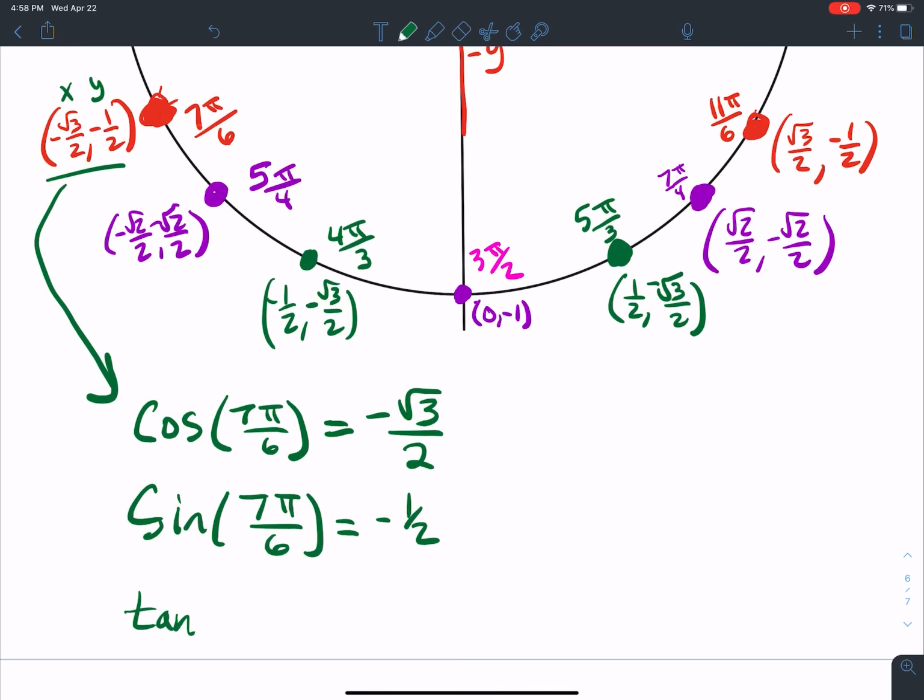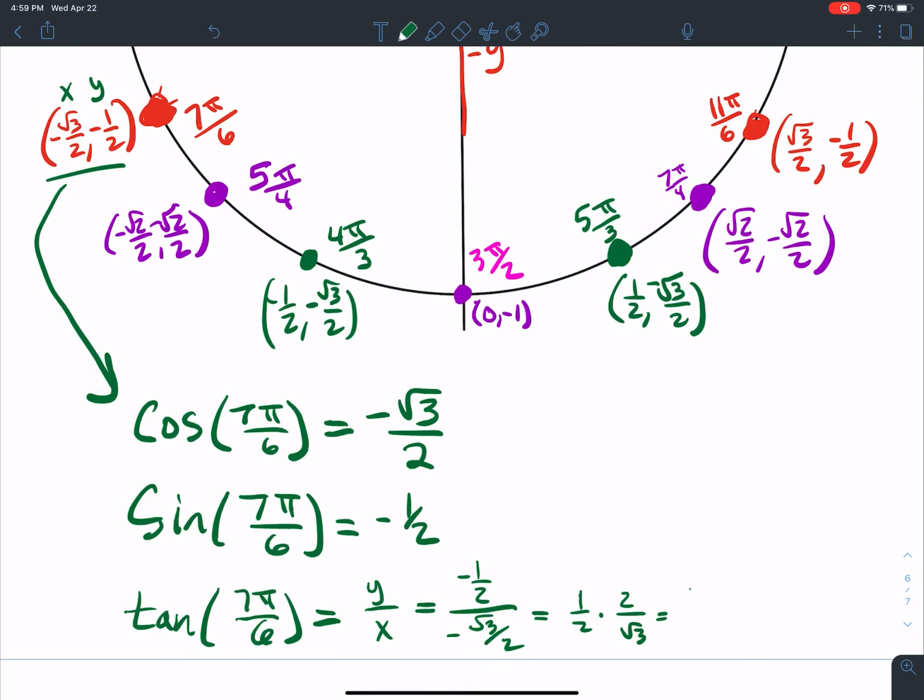The tangent of 7 pi over 6, what does this equal? This is going to be y over x, which is negative 1/2 over negative square root 3 over 2, which, a negative and a negative make a positive, keep change flip.